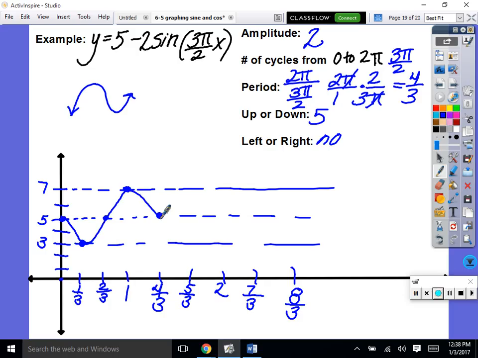Ding, ding. Now we're going back down. Yeah, this one was a reflection, so we went down instead of up, like normal sine. And then up to 0, to the top of the amplitude, and back down to 0. So we've finished. So don't let it throw you off if the x values don't have pi's in them. It's totally fine. It's almost easier, to be honest.